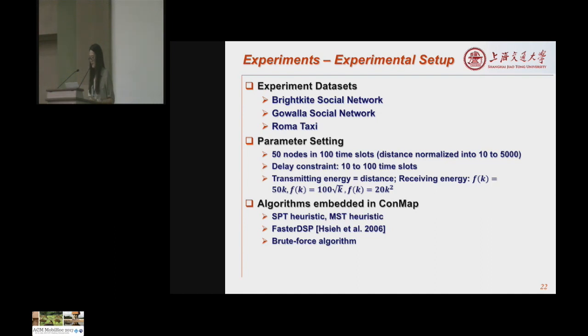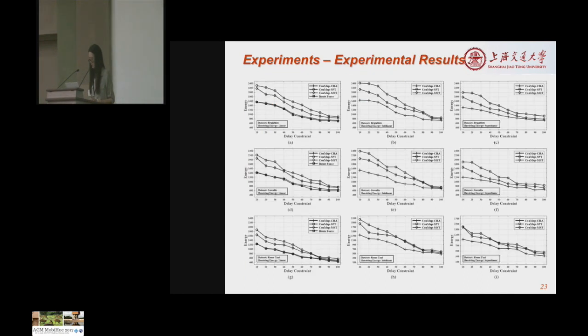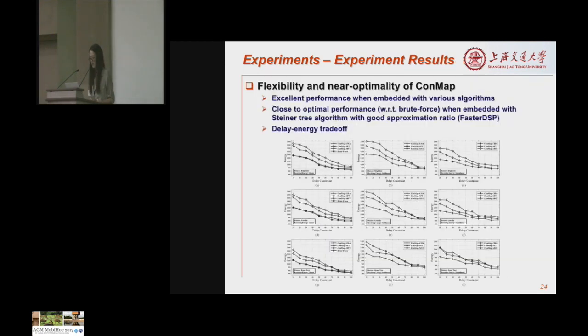And they set the receiving energy function like this: f(k) equals 50k, and the other 2. These 3 cases are designed for linear, sublinear, and superlinear cases, respectively. And there are algorithms embedded in ConMap. And here are the experimental results.